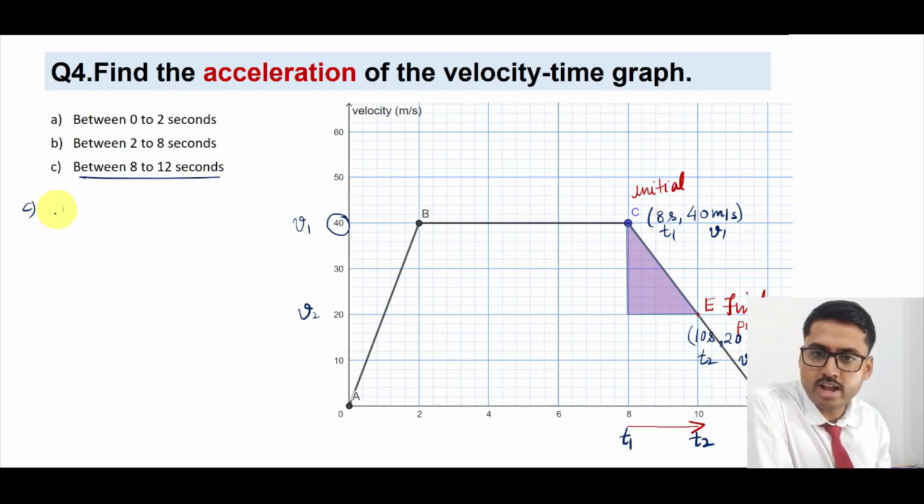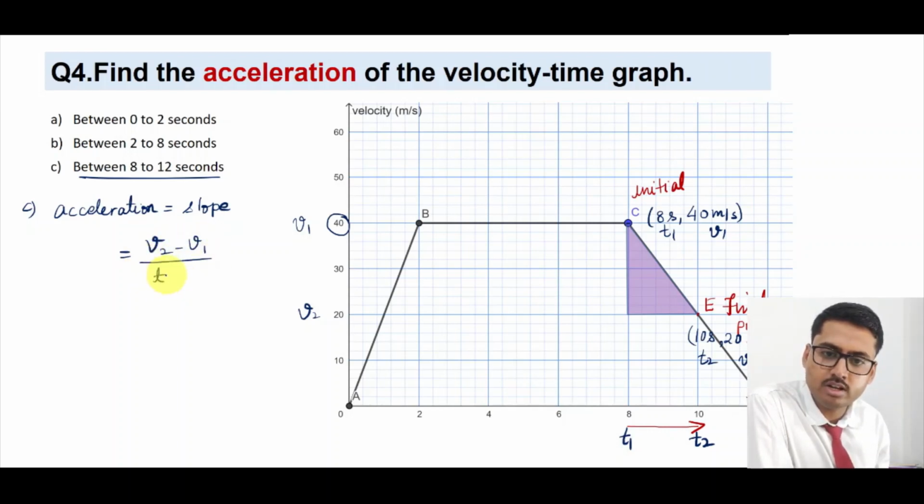So let us write the formula and solve part C. We have to solve acceleration, so I'll write over here acceleration is equal to slope, and that is equals to V2 minus V1 divided by T2 minus T1. So I'll now put the values: 20 minus 40 meter per second divided by, this is 10 minus 8 seconds.